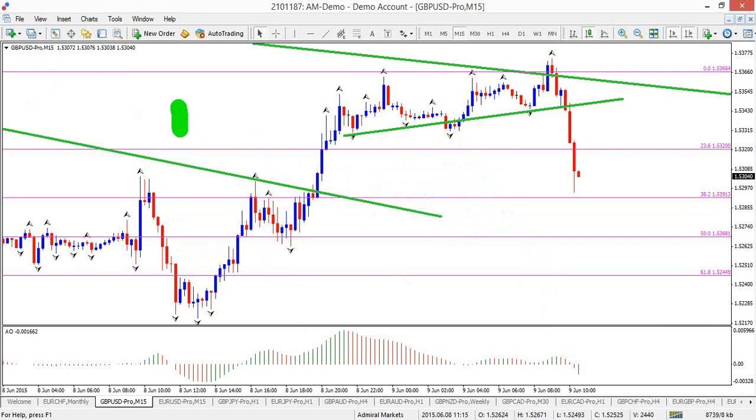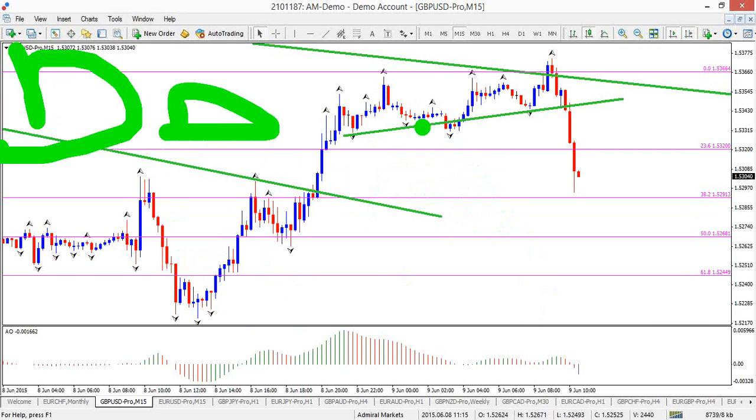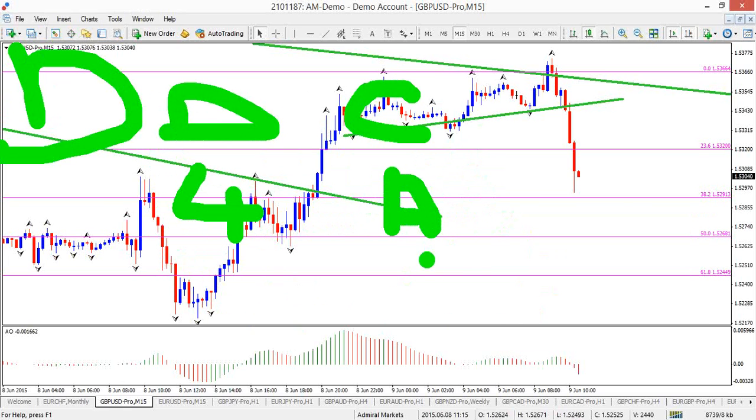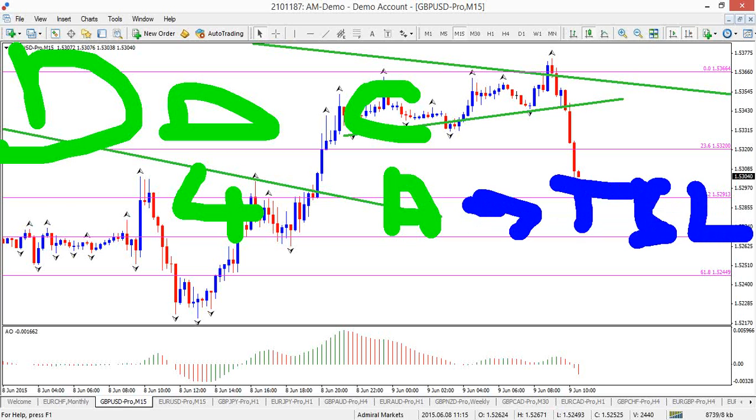That's why I say daily is conservative, daily with 4-hour is aggressive, and to guard against the false break, a tight trail stop loss is sometimes a useful tactic to combat that.